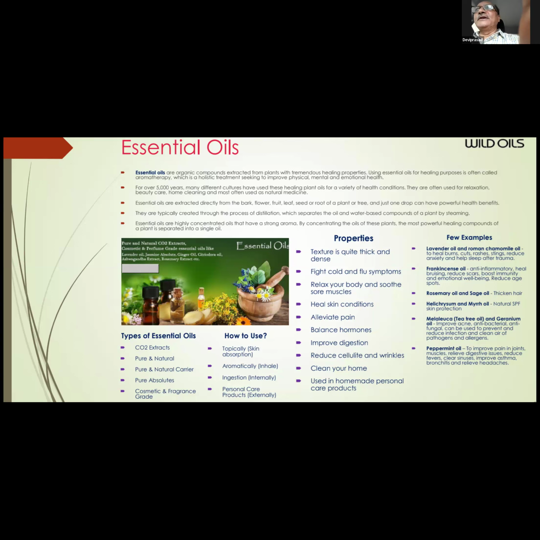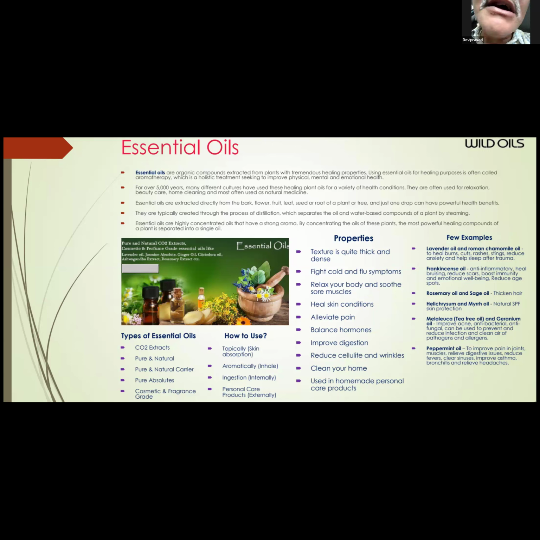It goes into a gravity separator. Then the water part, which is known as hydrosol, gets separated into another vessel, and we get pure oil in another vessel. So that is steam distillation.